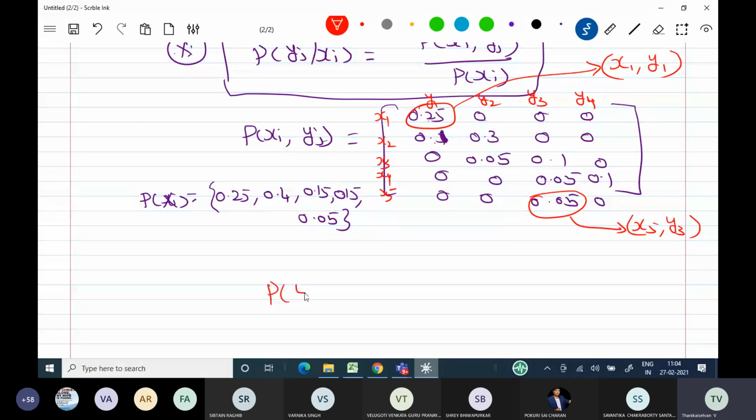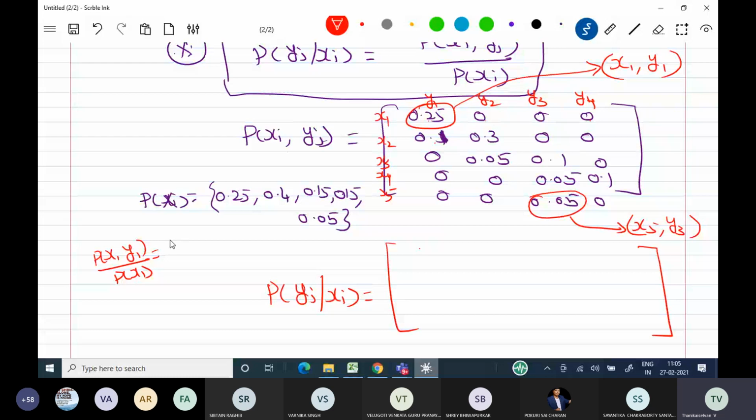Probability of xi means, you see the first row, very easy. I am calculating probability of yj given xi. First row elements will be divided by probability of x1. For the first element, probability of x1 comma y1 divided by probability of x1 is 0.25 divided by 0.25, so the answer becomes 1.